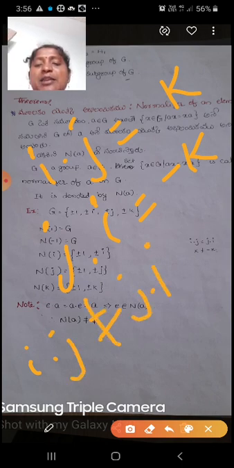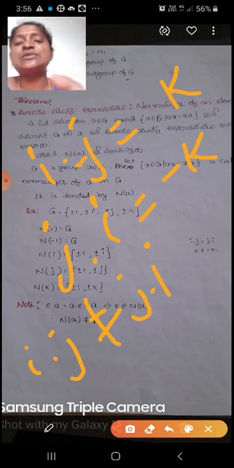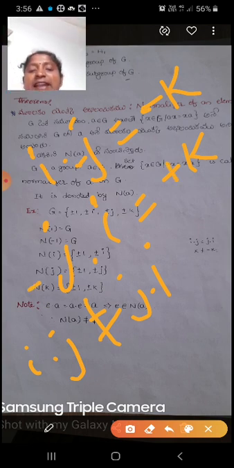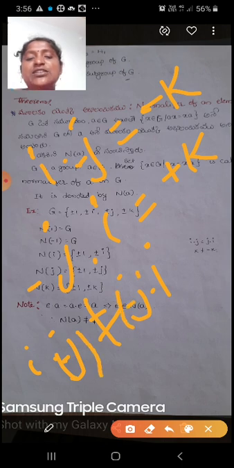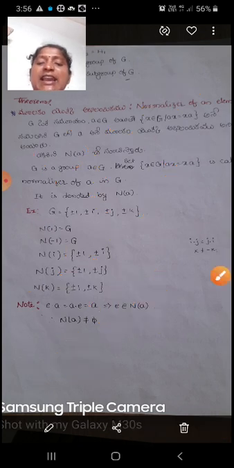So in the normalizer, the element J will not come. Similarly, taking minus J, I into minus J equals minus K, and minus J into I equals plus K. So I into minus J does not equal minus J into I. In the same way K also will not come.